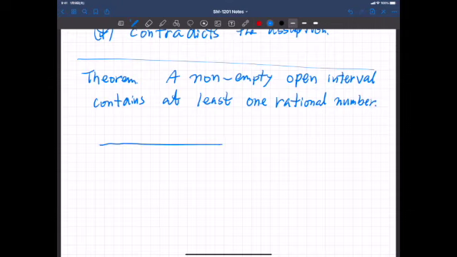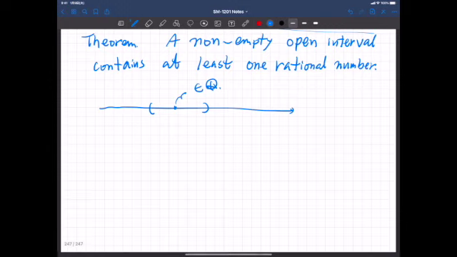So if we have an open interval, however small it is, there is always at least one rational number. So that's what it says. We proved this already, but let's do it again.